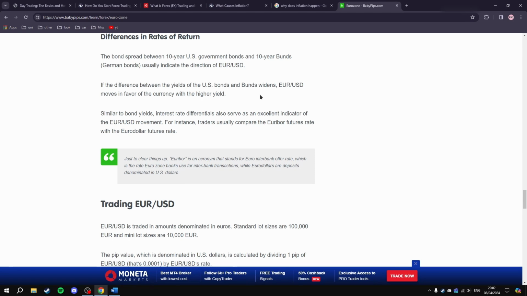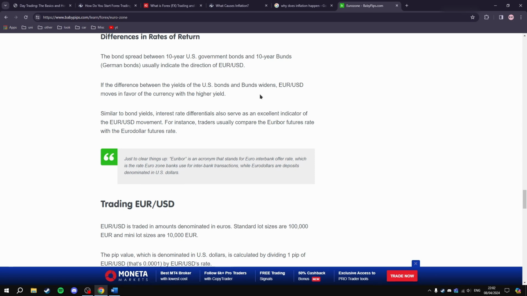Whereas if Bunds have higher yields, then EUR USD is going to rise, because the euro would then be more in demand, so the currency is going to be stronger than USD, and it's going to take more USD to buy €1.